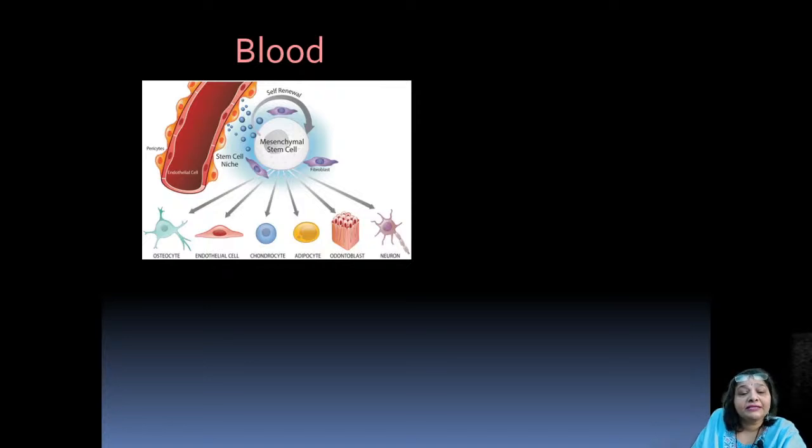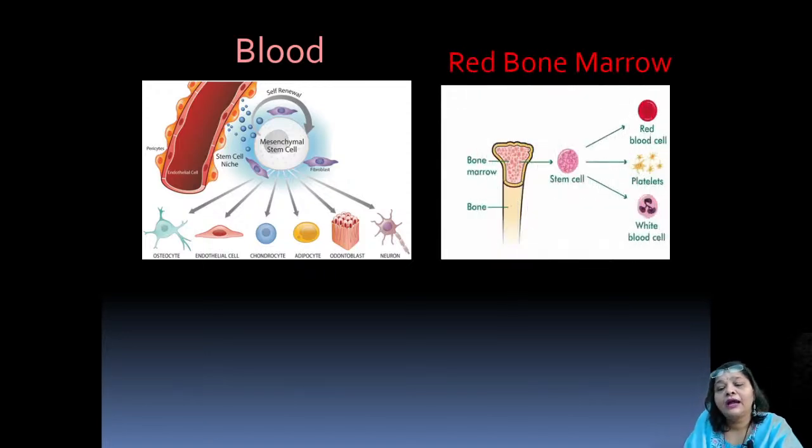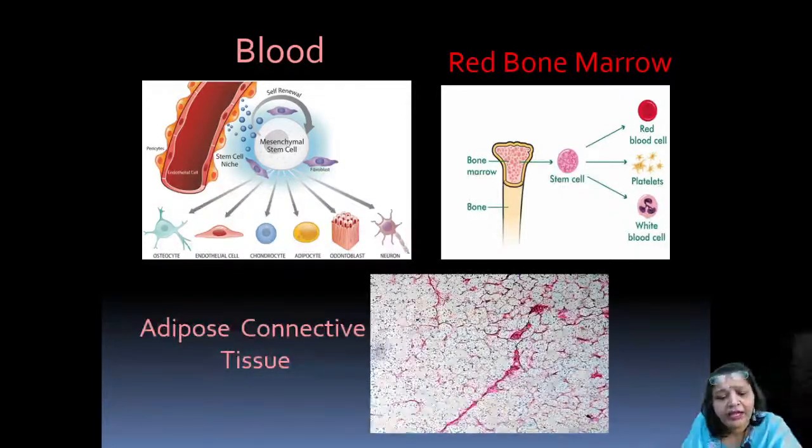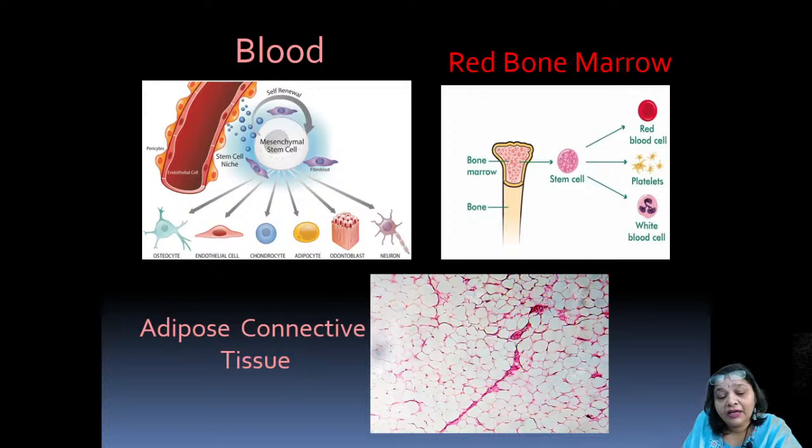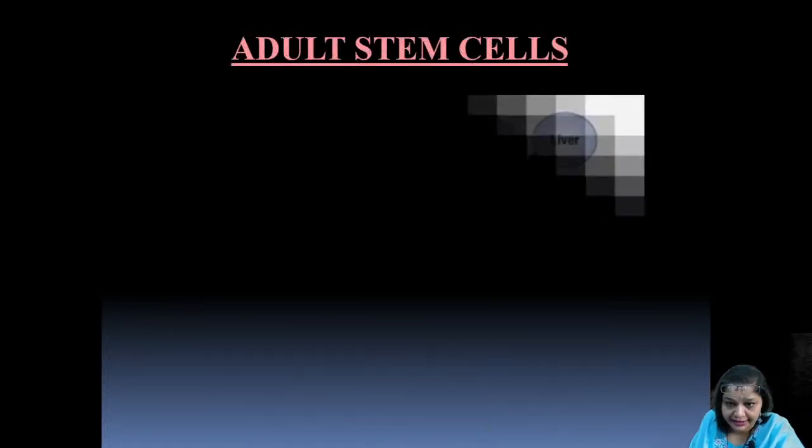Here you can see the blood cells that are actually the mesenchymal stem cells that can be used to culture various other types of cells. The red bone marrow containing the stem cells can be utilized to produce different types of blood cells. The adipose connective tissue cells can be utilized as adult stem cells to grow other desired tissue, and can be converted into various organs.